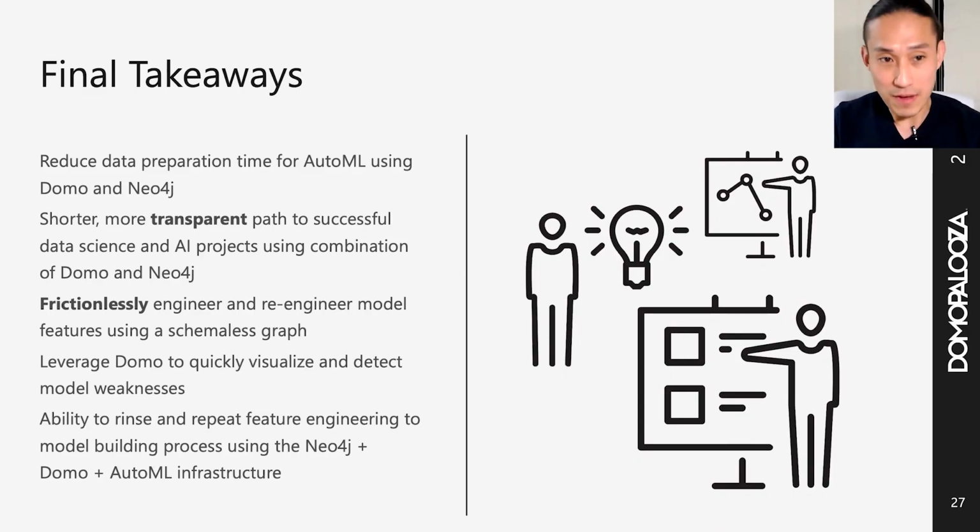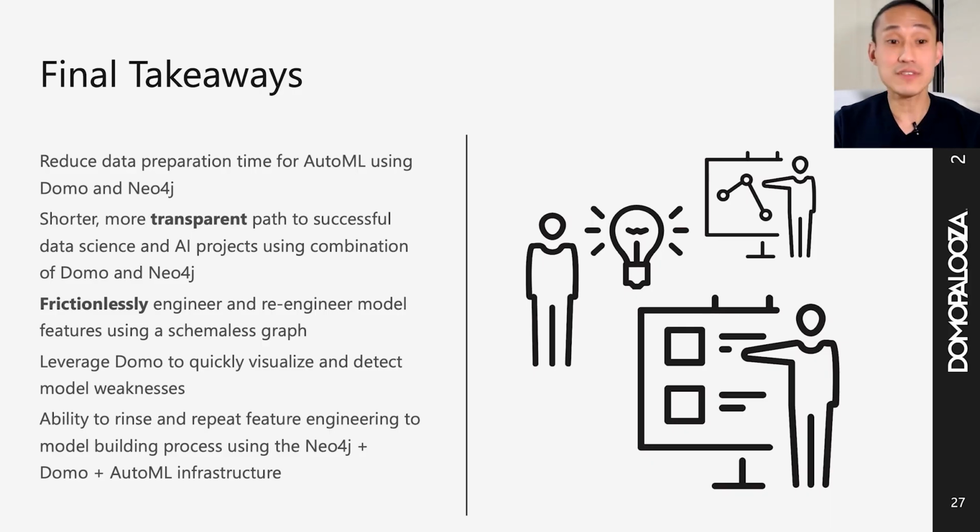The first thing we found is that preparing data for AutoML is very seamless using Domo and Neo4j. It's very easy to take data from a fairly complex source, break it down to its entity level, re-aggregate it, transform it, and then push it through AutoML.